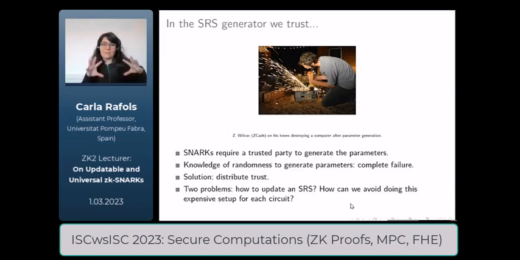Anyway, the point is that an MPC ceremony is still something expensive, and this cost is even more acute because there is a part of the SRS that needs to be done for every circuit.